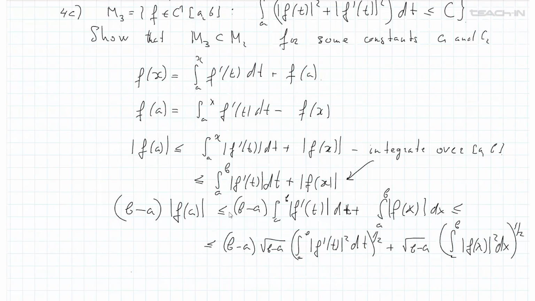So you see that |f(a)| is less or equal to the square root of b minus a multiplied by the square root of C, plus the square root of C divided by the square root of b minus a. So this condition we fulfill, yes?